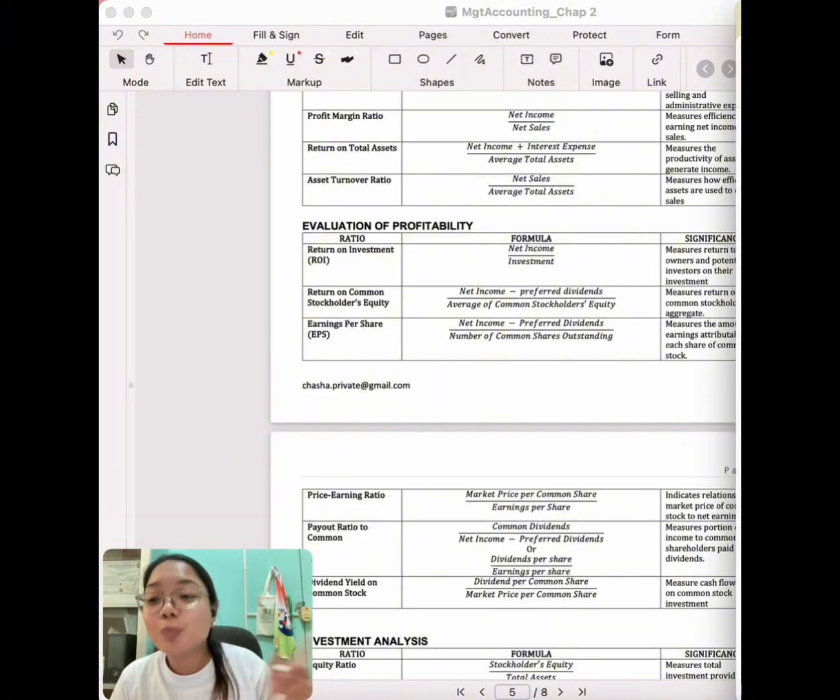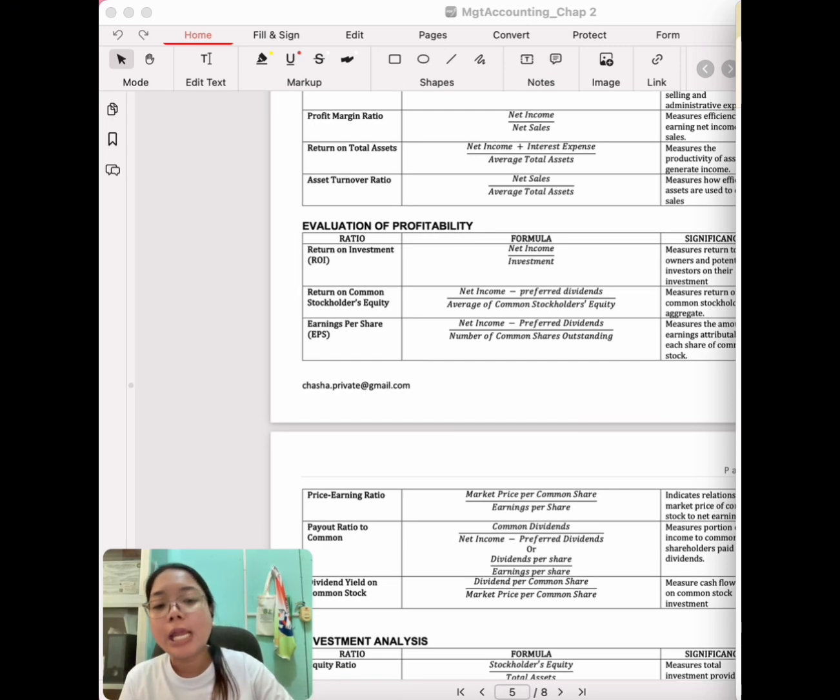Next is earnings per share or what we call EPS. Ang formula naman dyan is net income minus preferred dividends divided by number of common shares outstanding. So, this is another very important investment ratio. So, EPS measures the amount of earnings attributable to each common share.